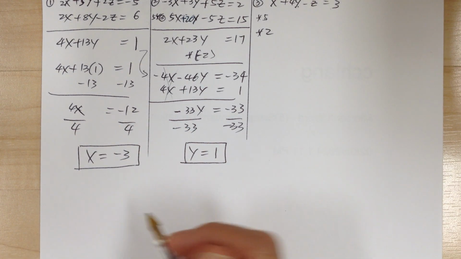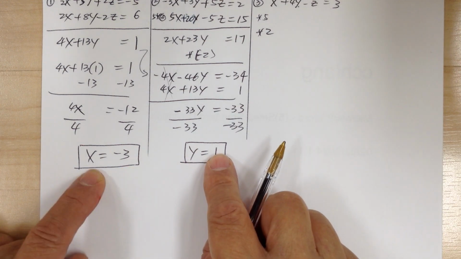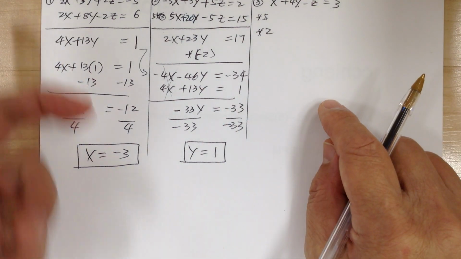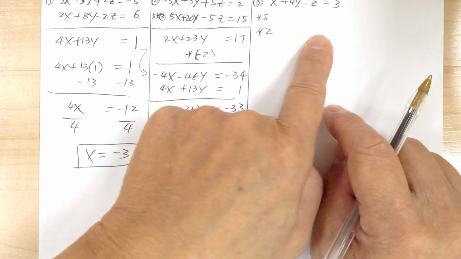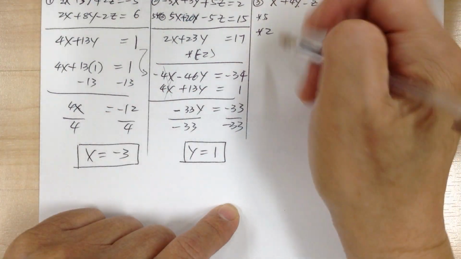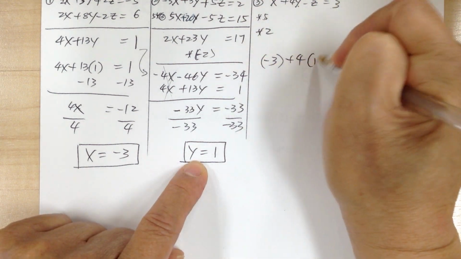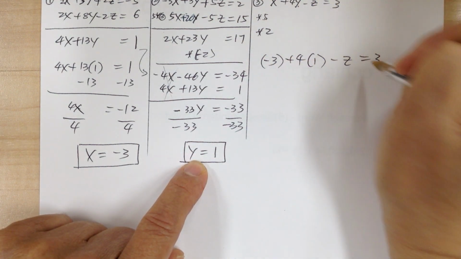And once I find x and y, I can go back one more step to solve for z. Again, you can use any equation. I can use this one. So substitute: x equal to negative 3, plus 4 times y which is 1, minus z equal to 3.